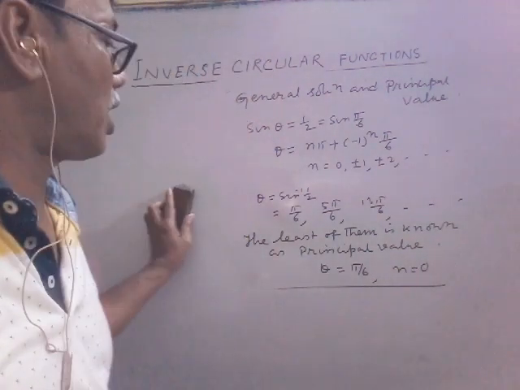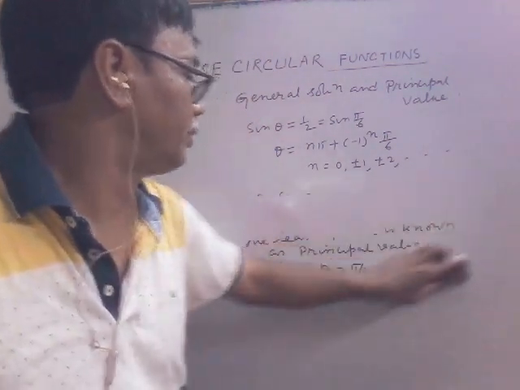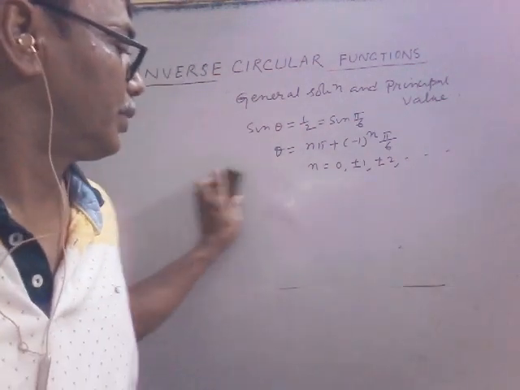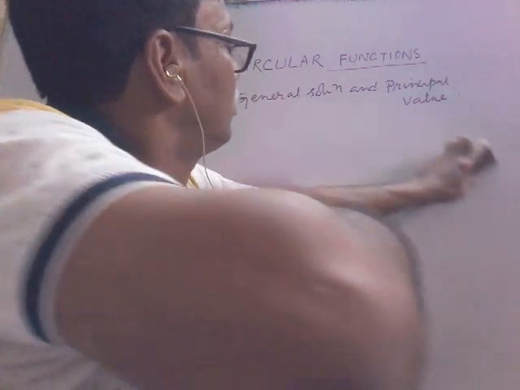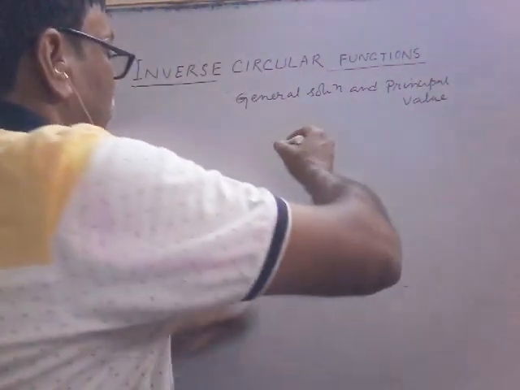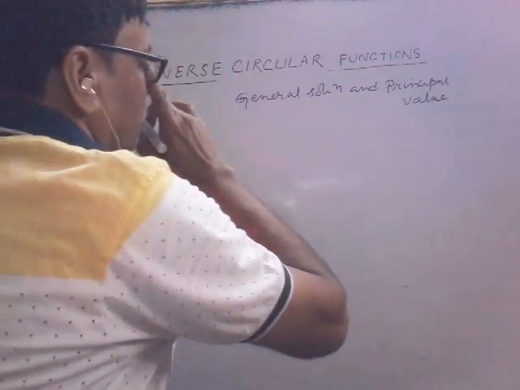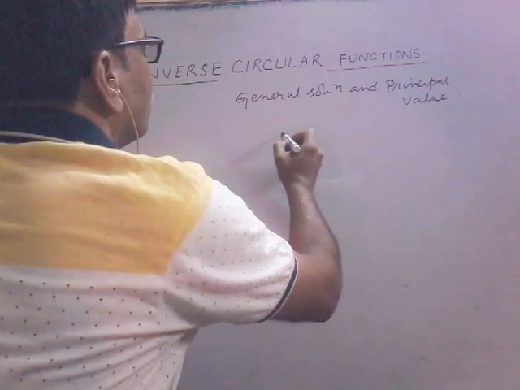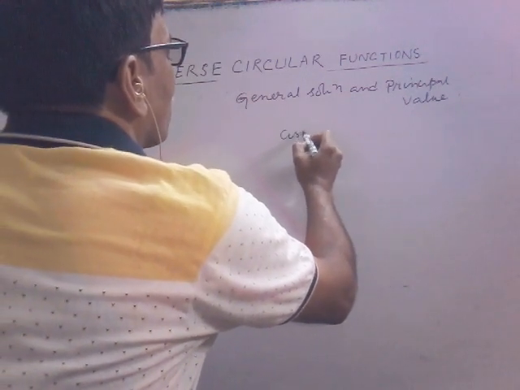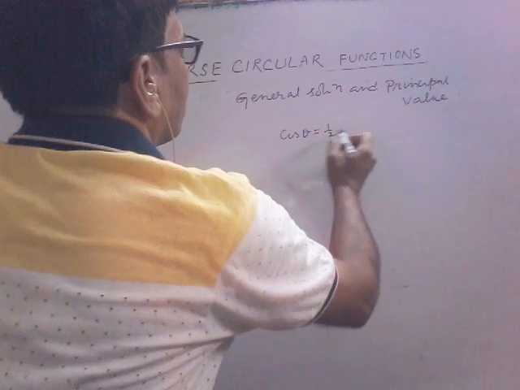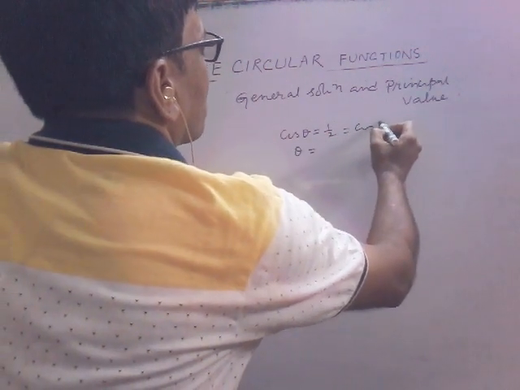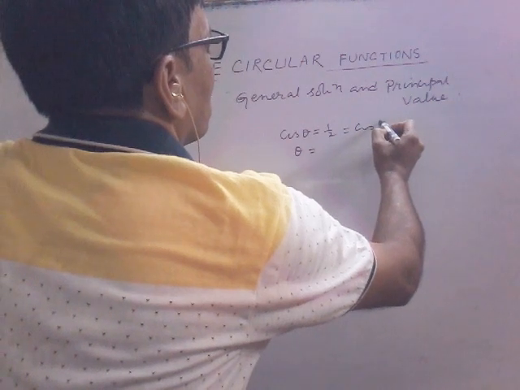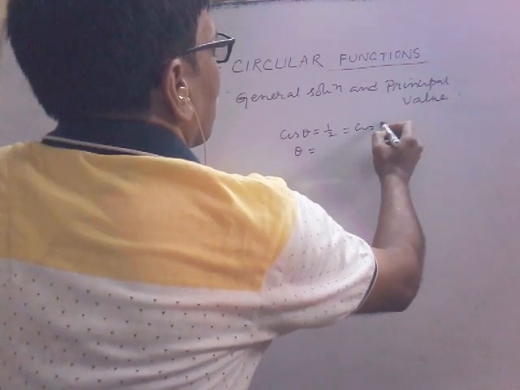So look, try to recall. Look, if cos theta equals half, then theta equals cos pi by 3.